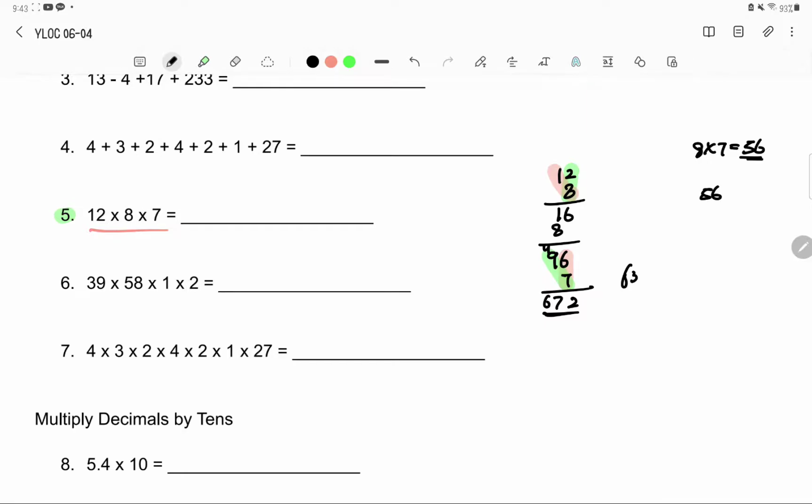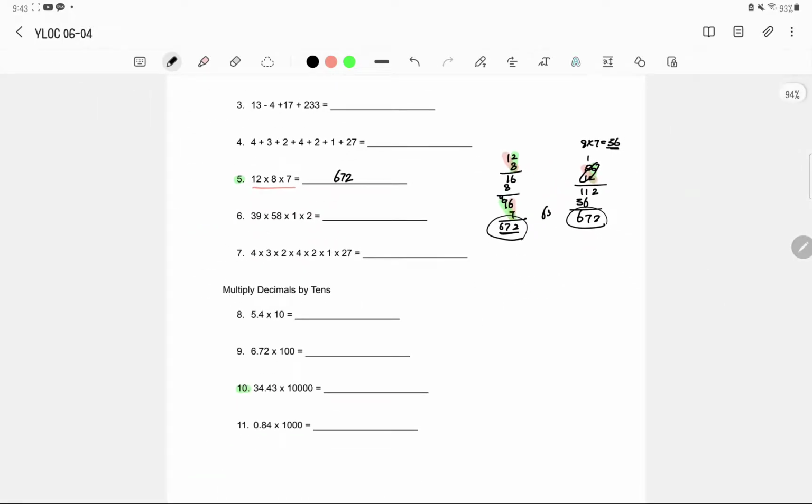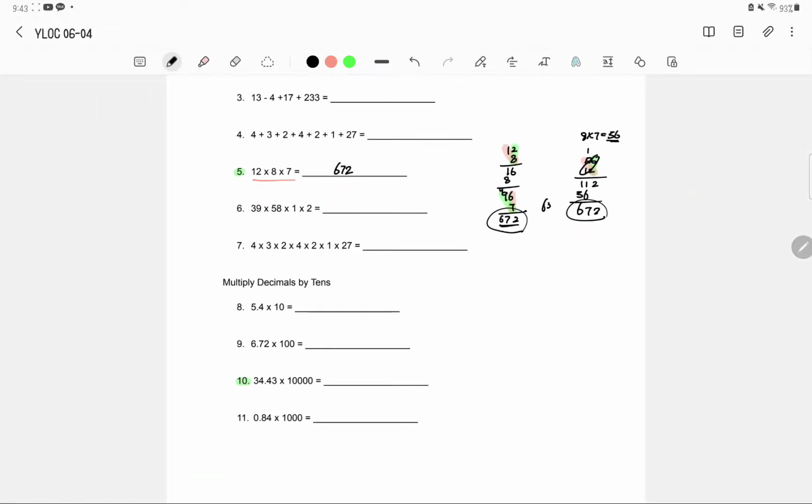And 56 times 12, let's start off with this one. So 6, 2, 12, 1, 11. And now this one, 6, 5, 2, 7, 6. So we get the same answer, so it doesn't matter which one you do first. Just be careful not to make a mistake.